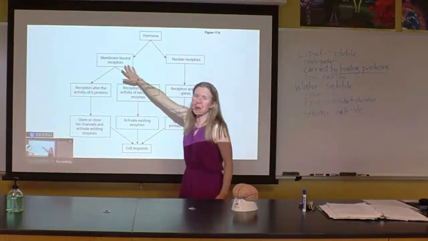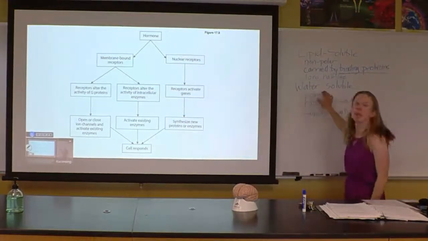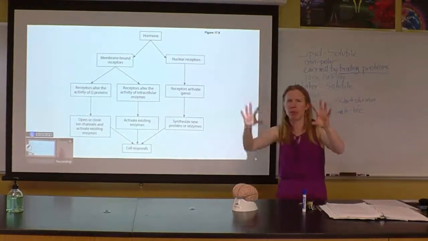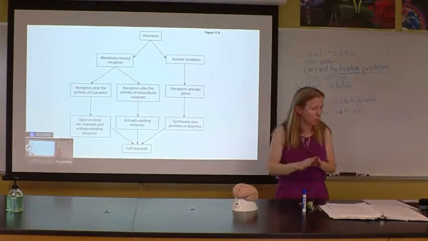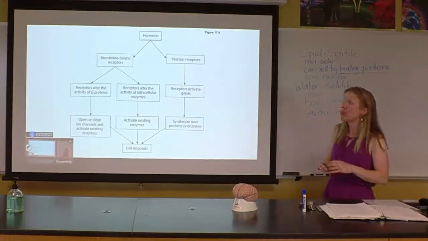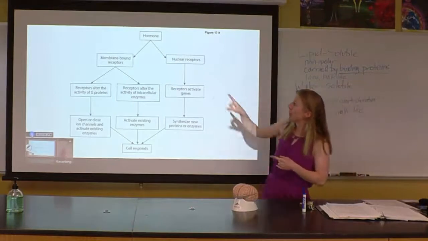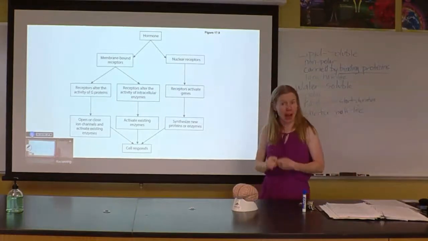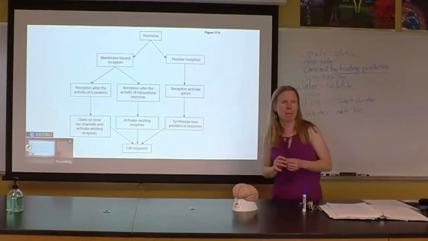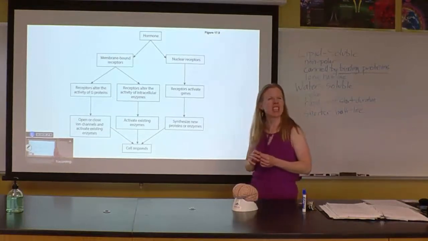The membrane-bound receptors are used then by the water-soluble hormones. And the book kind of kept going in circles around it, but that's really what it comes down to. Okay? Hormones can only affect cells that actually have the correct receptor for that hormone. So for example, what's a good example?